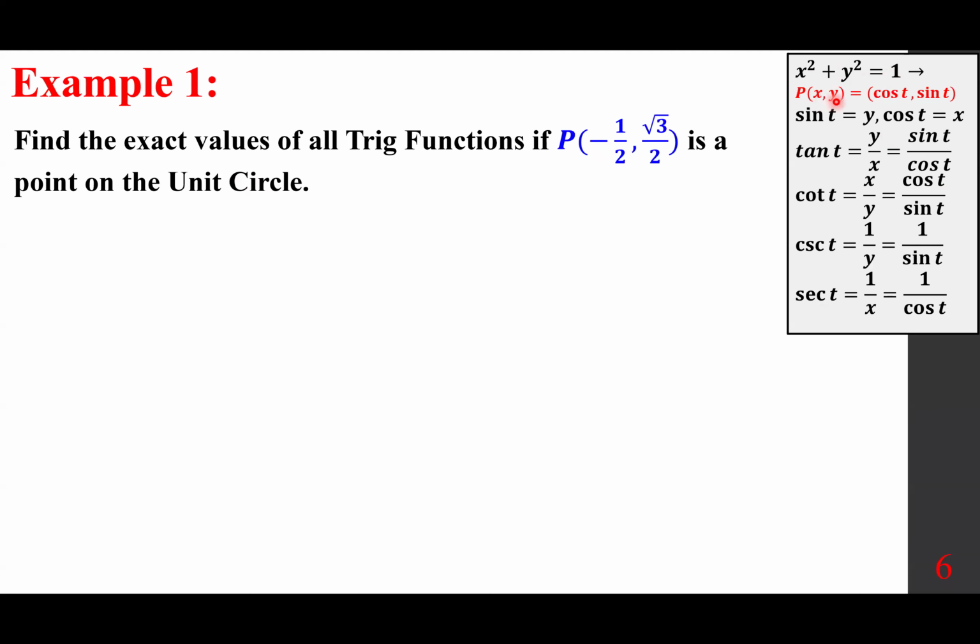P has coordinates x comma y, or cosine t, sine t, where sine t is y, cosine t is x, and the rest of the trigonometric functions are defined as such. Tangent is y over x, cotangent is x over y, cosecant is 1 over y, secant is 1 over x. In short, we find cosine, sine, and tangent, and the rest of them are the reciprocals.